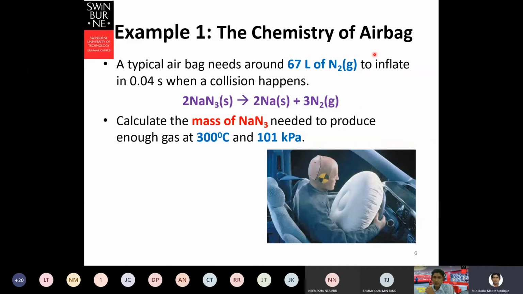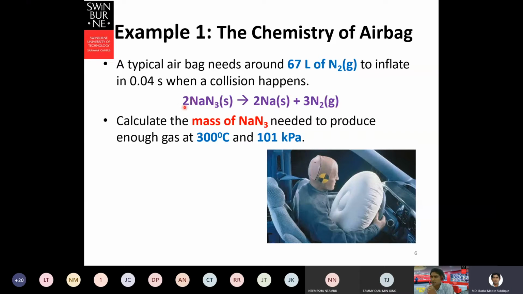So to make sure that we get around 67 or 67.5 liters of nitrogen gas, how much sodium azide should we be using? From this reaction, if we do not put 2 in front, we just write sodium azide, we will get sodium and nitrogen. But that does not tell us how much nitrogen gas is going to be produced from this sodium azide.